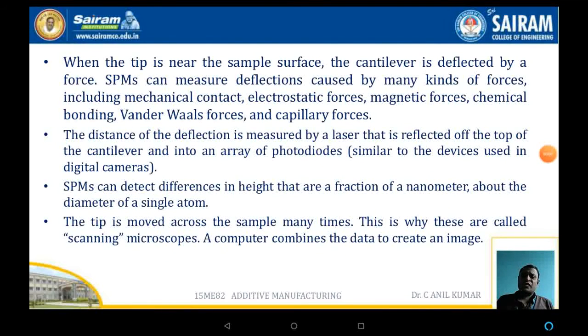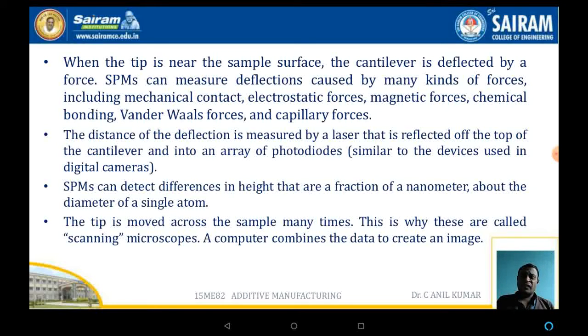The tip is moved over the sample surface, and the cantilever is deflected by the force. The SPM can measure deflections caused by many parameters: mechanical contact, electrostatic force, magnetic force, chemical bonding, van der Waals force, and also capillary forces.